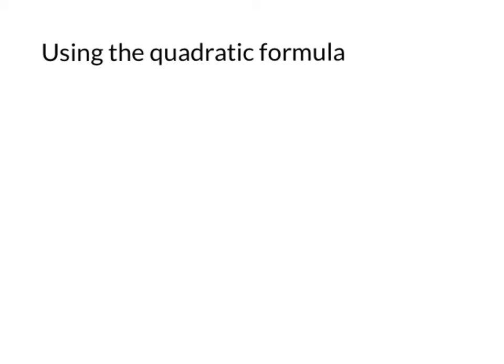So what that means is if I can rearrange an equation so that I have a term ax squared plus bx plus c, specifically equal to 0, then the quadratic formula is going to be a way that I can figure out what my solutions are.